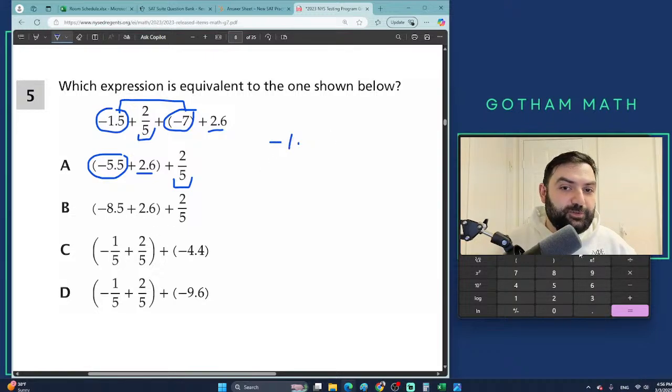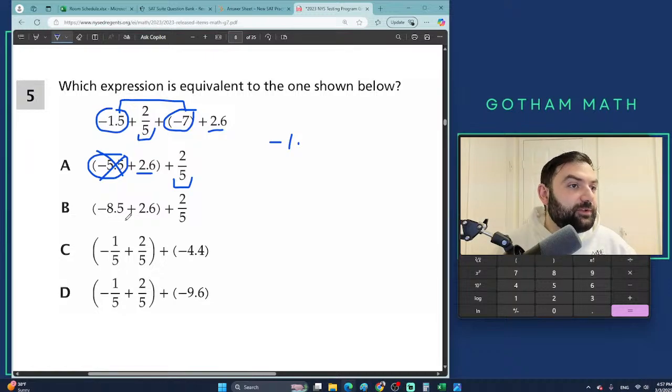You can do it on a calculator. Why guess? You can actually go negative 1.5 minus 7, which is going to be negative 8.5. So not negative 5.5, negative 8.5. And look at this, we have just the same one, but with negative 8.5.